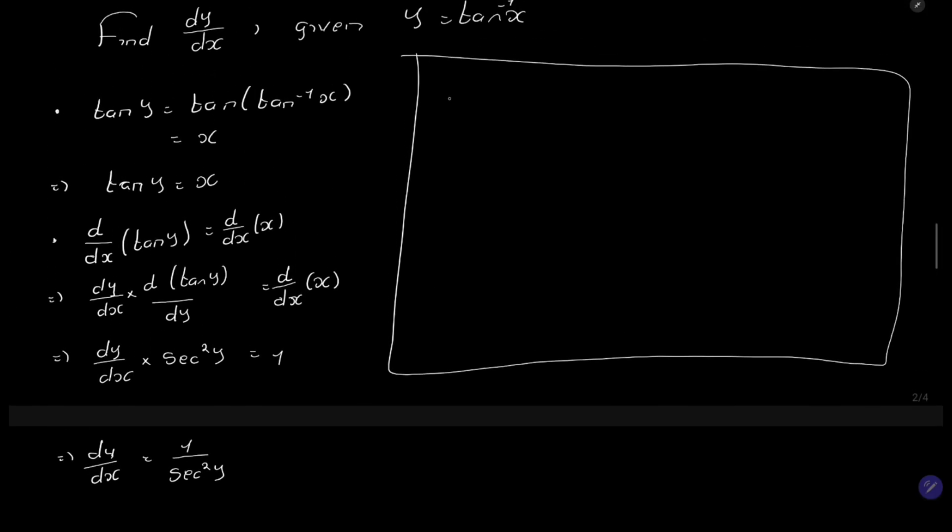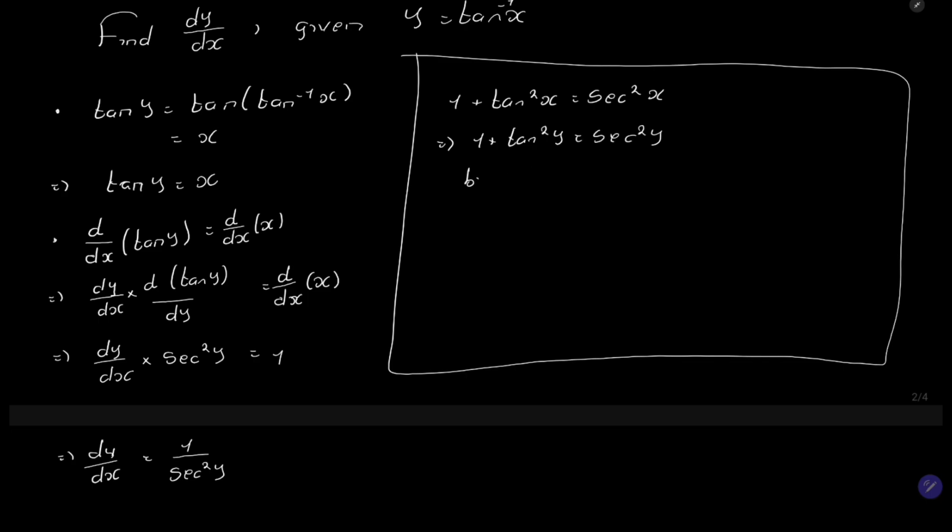From trigonometric identities, we know that 1 plus tan squared x is equal to sec squared x. This implies that 1 plus tan squared y equals sec squared y, but tan y is equal to x. This implies that sec squared y is equal to 1 plus x squared.